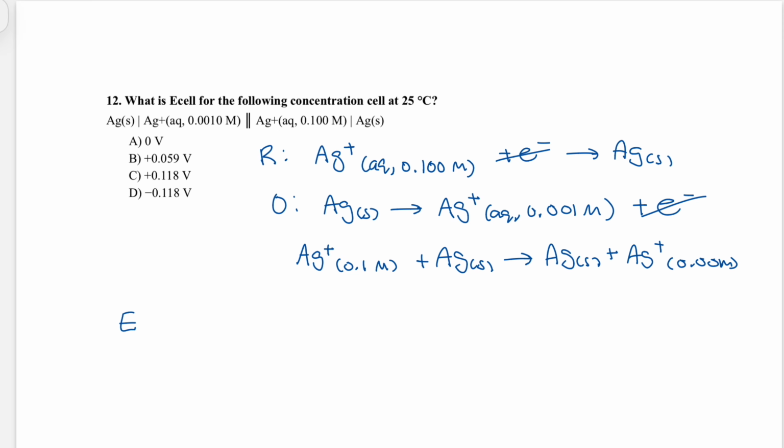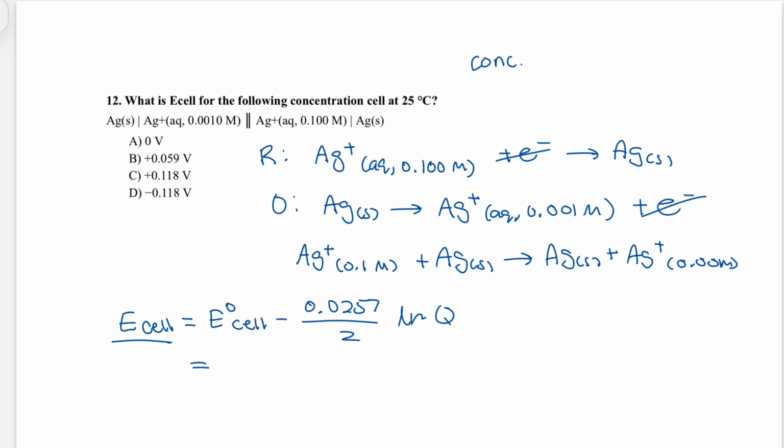Okay, so formula again. E cell equals E naught cell minus 0.0257 over Z ln Q. And then we're calculating for E cell. We know that E naught cell, because this is a concentration cell, which means it's the same element on both of the electrodes, they're both silver in this case, so that means standard reduction potential is 0 in a concentration cell.